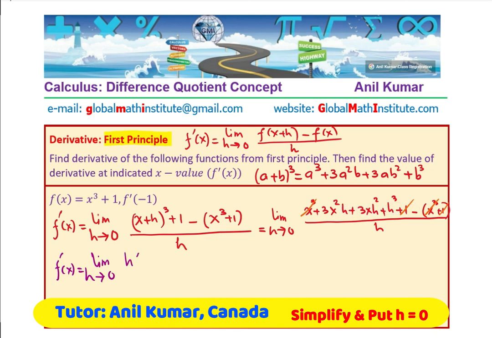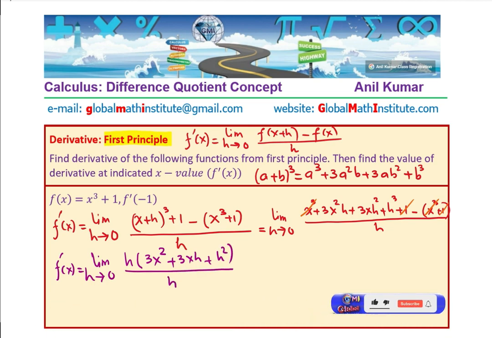So h common: 3x square, second term 3xh, and the third term being h square, right? Divided by h. As you have observed in the previous two examples, h will cancel at this stage. So you have a simplified expression where you can substitute h equals 0.